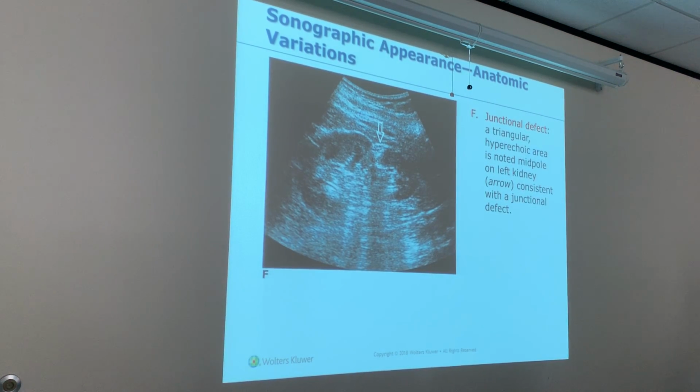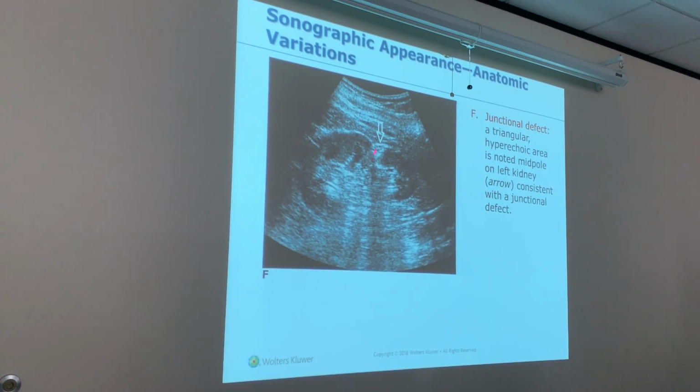So here we have a junctional defect, and you can see that it's a triangular defect out of a kidney. That means they are coming near each other? No, it's just one kidney. It's a defect that happened during embryology, and the cortex did not meet up with the cortex.